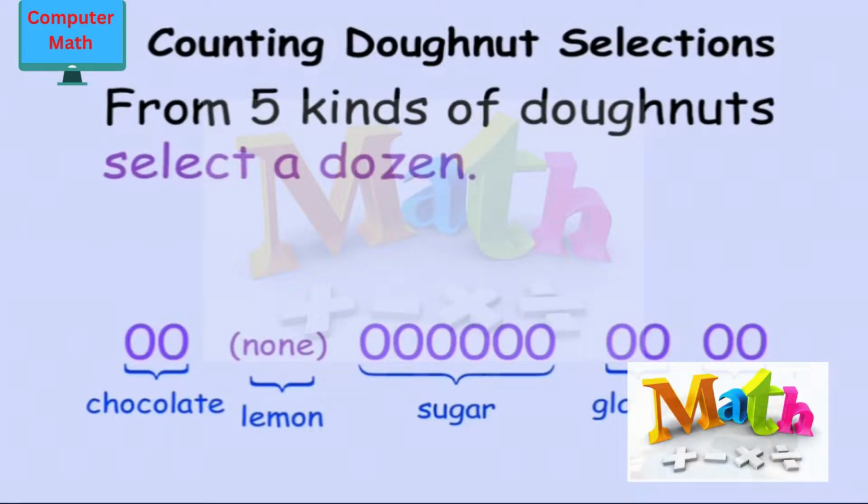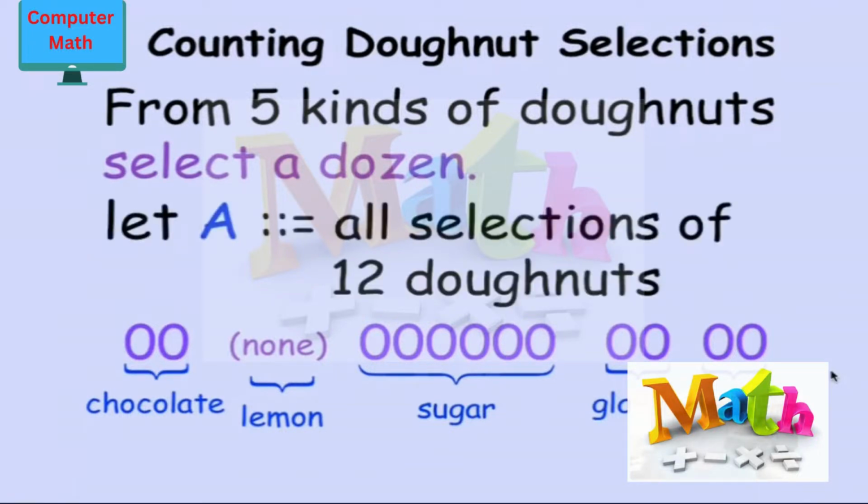I want to know how many selections there are. So for example, these little O's represent donuts. I might choose a selection of a dozen by choosing 2 chocolate and no lemon. I don't like those so much. And 6 sugars and 2 glazed and 2 plain. So there are 12 donuts here using 4 out of the 5 possible flavors of donuts.